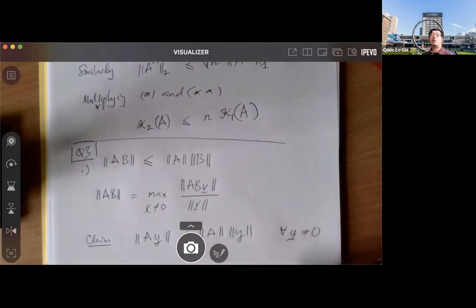Okay, so why is that? Well, actually, if it's 0, then we have an equality, but we just assume that it is a non-zero vector. So why is that?